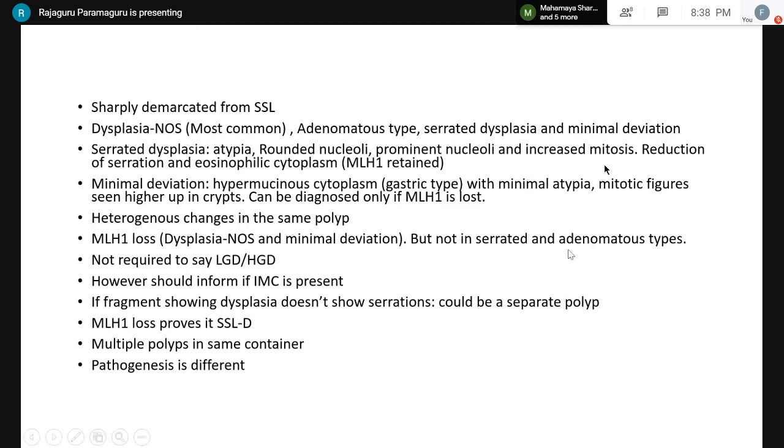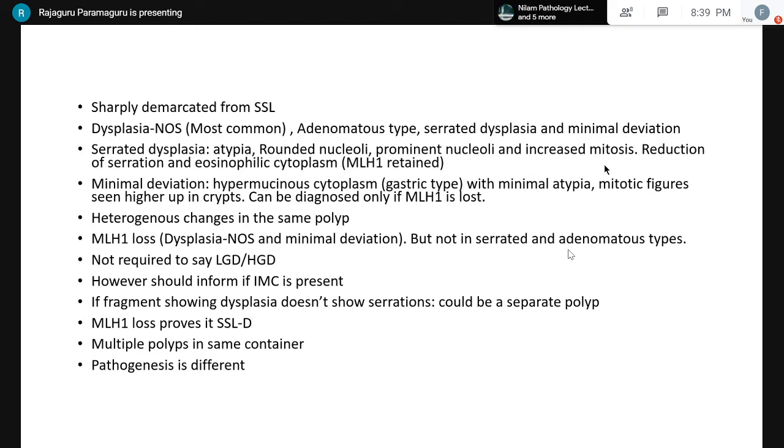If a fragment showing dysplasia does not show serration, this is a main important problem which we usually face. Suppose we get a colon polyp. Usually we get polyps in the colon, and a single container might show 3 or 4 different tissues, and the histology might show 2 or 3 different types of polyps.